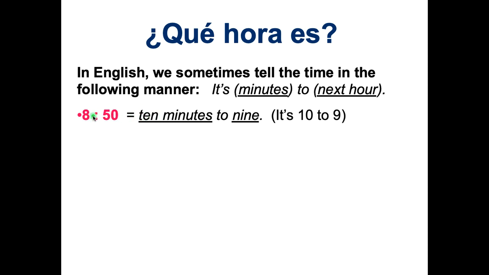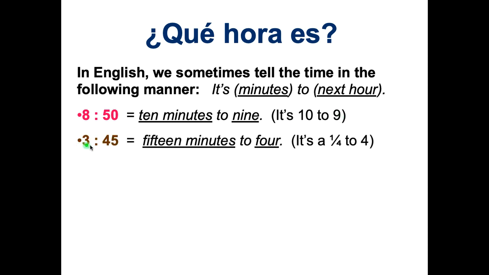So, for example, when it's 8:50, in English, we might say it's 10 minutes to 9 or it's 10 to 9. Okay. When it's 3:45, someone might say it's 15 minutes to 4, or more likely, they'll say it's a quarter to 4. So in Spanish, we have a similar phrase.